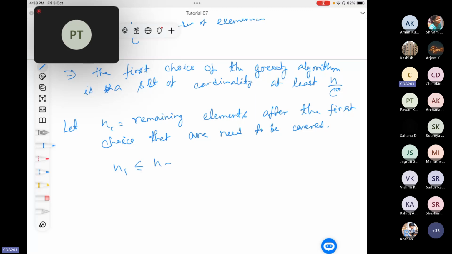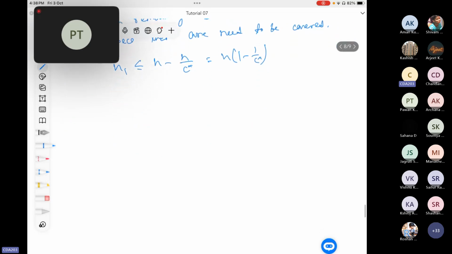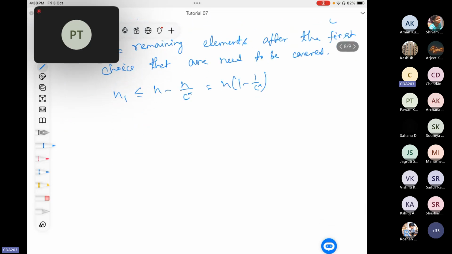Obviously n minus something. The size is at least n by C star, so whatever you choose, that value should be greater than n by C star. If you subtract it from n, that value should always be less than n minus n by C star. So it's n times (1 minus 1 by C star). You can think of it this way: the rest of the elements is always a fraction of this.